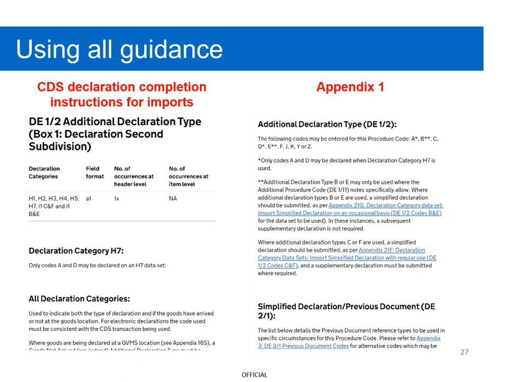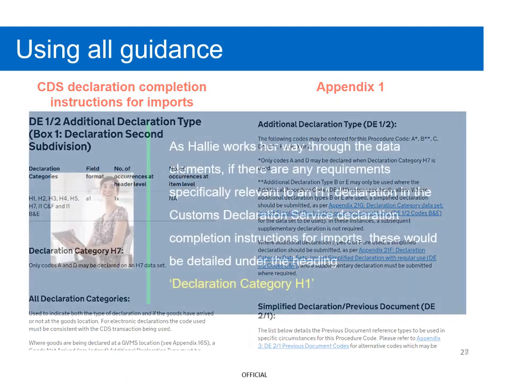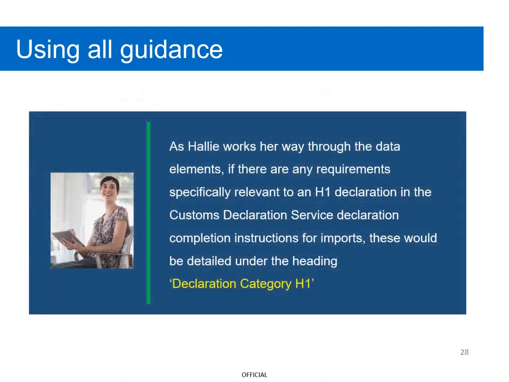Hallie has also identified data element 1.2 in Appendix 1. As Hallie works her way through the data elements, if there are any requirements specifically relevant to an H1 declaration in the CDS declaration completion instructions for imports, these would be detailed under a declaration category H1 heading.